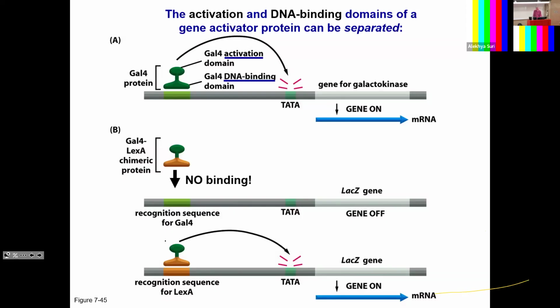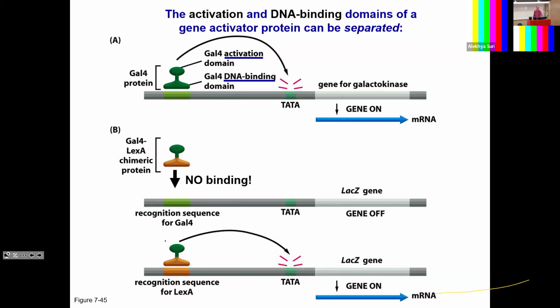And it was shown that you can actually separate those two domains. You can create a chimeric protein which consists of the normal activation domain, but a DNA binding domain that's different, that doesn't fit to the DNA sequence. So it does not recognize the recognition sequence for GAL4. It will recognize the LexA binding sequence.